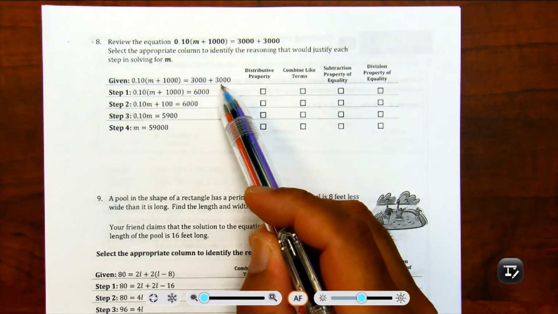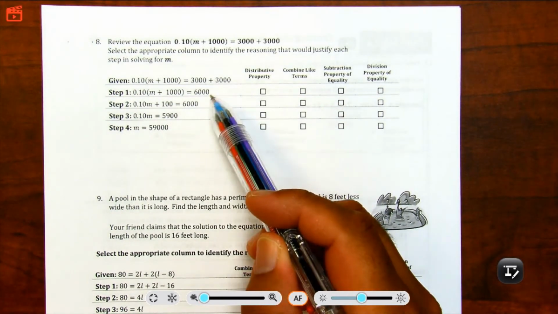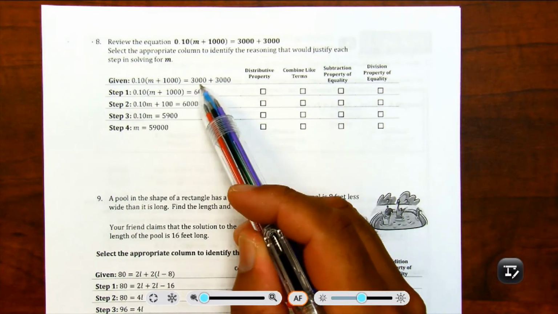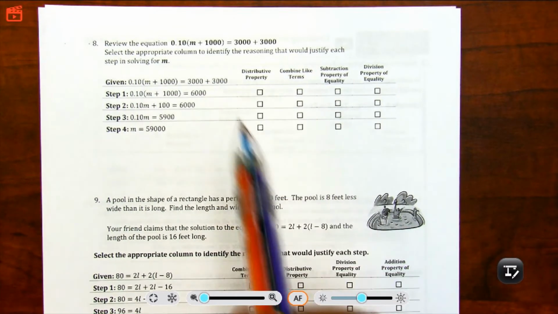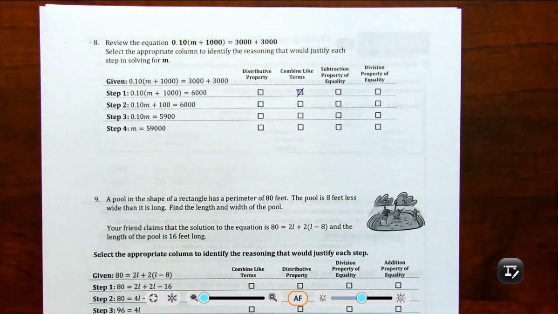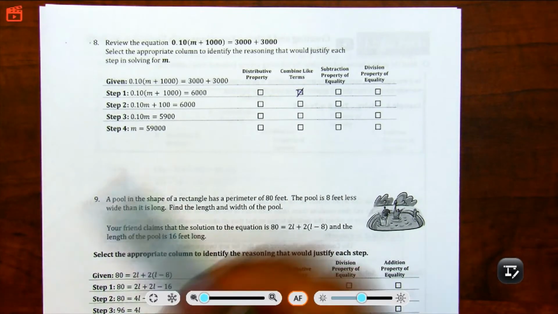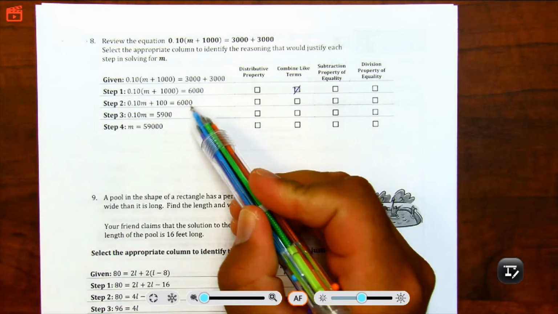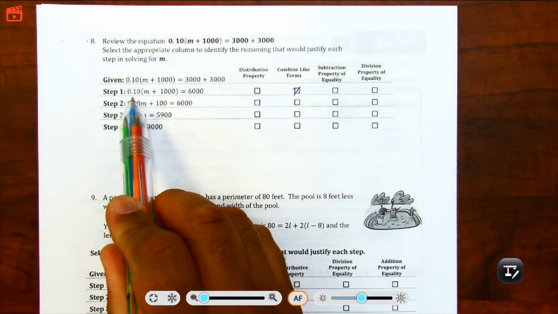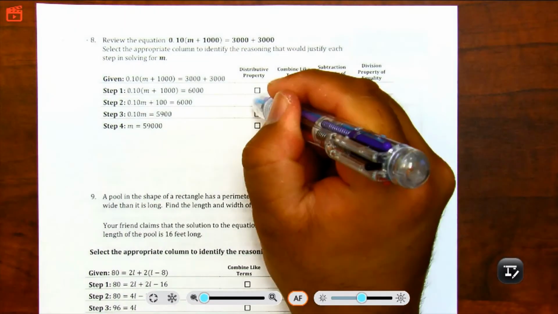Going from the given to step 1, what did you do? So 3,000 plus 3,000 is 6,000, so you combine like terms. Next, going from this step 1 to step 2, it looks like they distributed 0.1, so I'm going to say distributed.